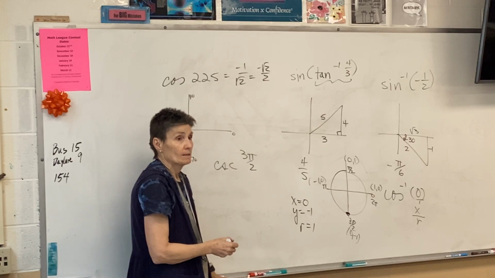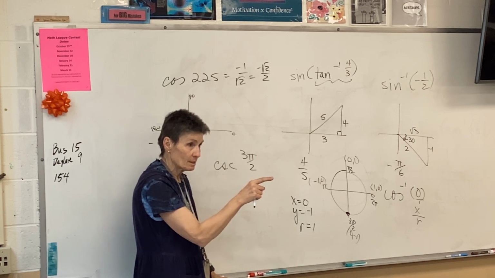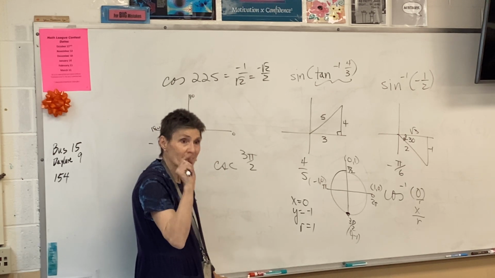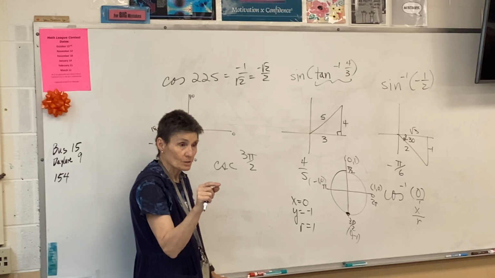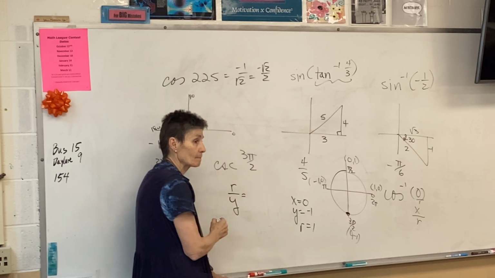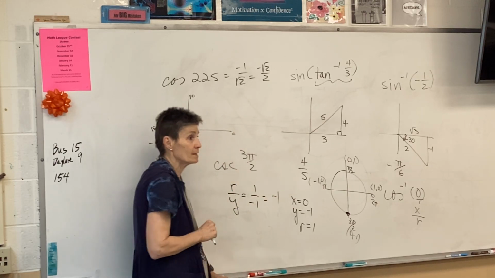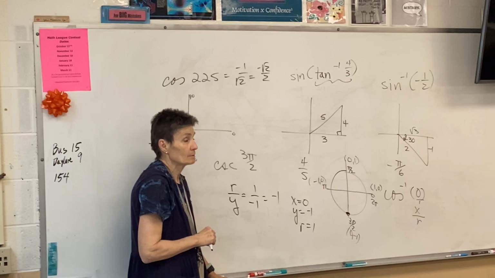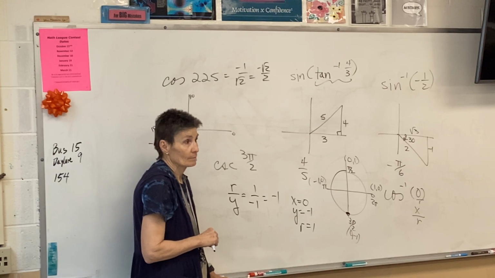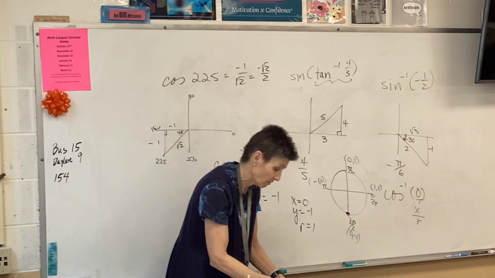What's cosecant? Reciprocal of sine. Sine is y over r. So cosecant will be r over y. So r over y will actually be -1. Right? Step by step by step, just think about it. It's not hard at all.